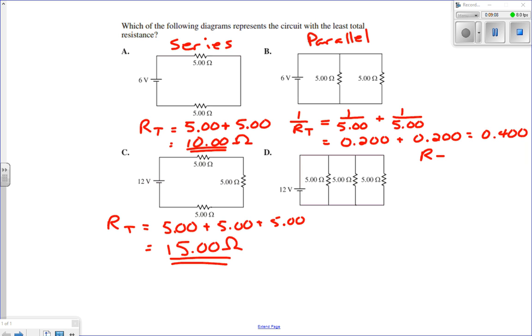So RT is equal to 1 over 0.400. I'm just taking the reciprocal. Okay, I can take the reciprocal of this side of the equation, so I have to take the reciprocal of this. And this is 0.400 over 1, so it's 1 divided by 0.4. And 1 divided by 0.4 gives me an answer of 2.5 ohms.